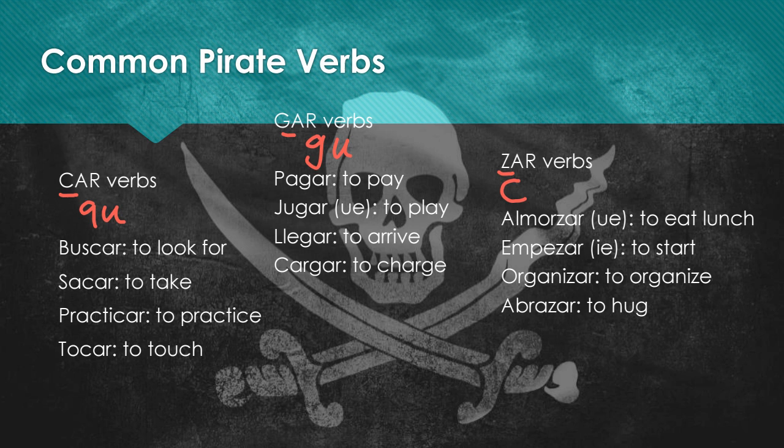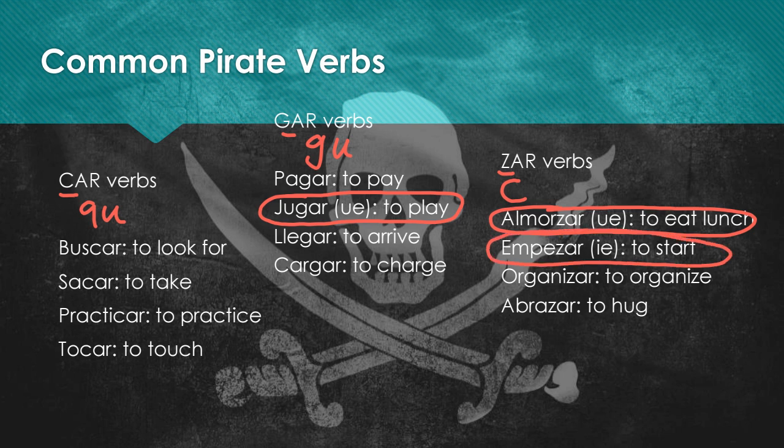So if you would forget what these words mean, you're not really going to get stuck because you know how to use them. You might want to pay attention specifically to these pirate verbs that are also stem changers. So jugar is a U to UE stem changer. Almorzar is also an O to UE stem changer. And empezar is an E to IE stem changer, right?